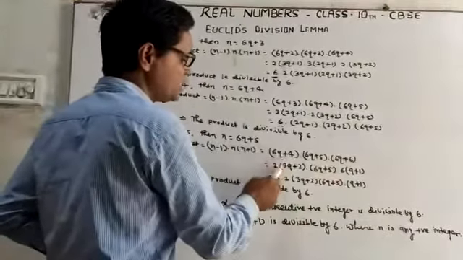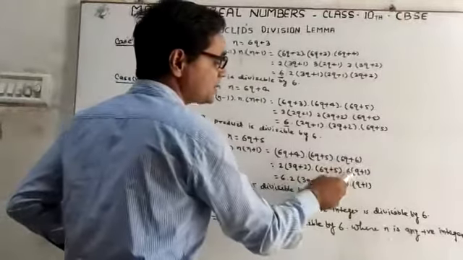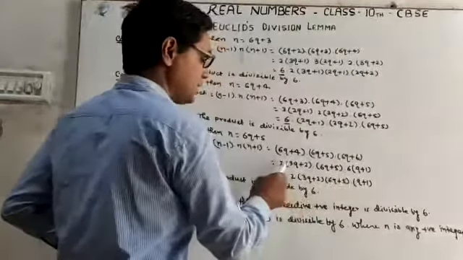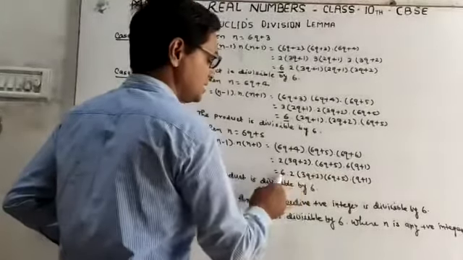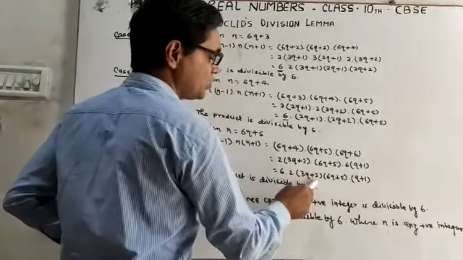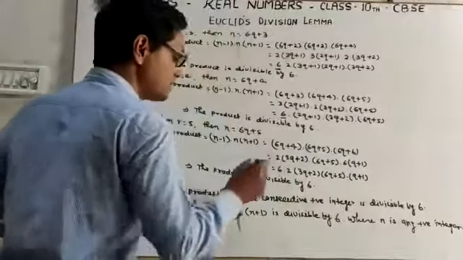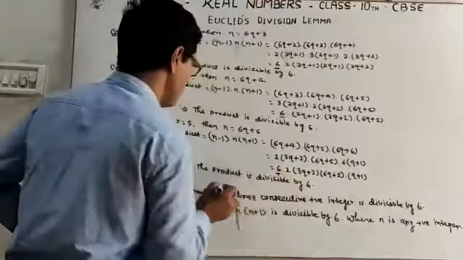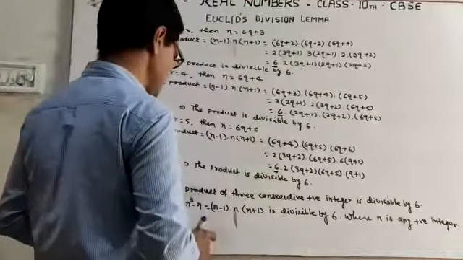This can be written as 2 into 3q plus 2 into 6q plus 5 into 6 into q plus 1. That can be written as 6 into 2 into 3q plus 2 into 6q plus 5 into q plus 1. Here 6 is a factor of this product, so the product is divisible by 6.